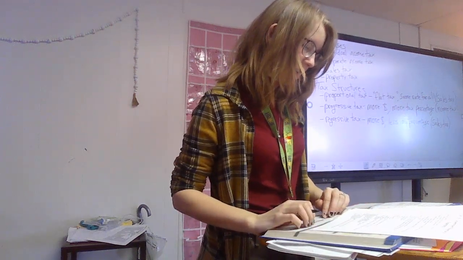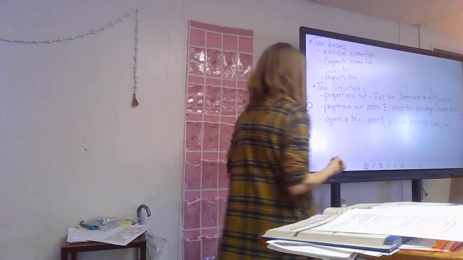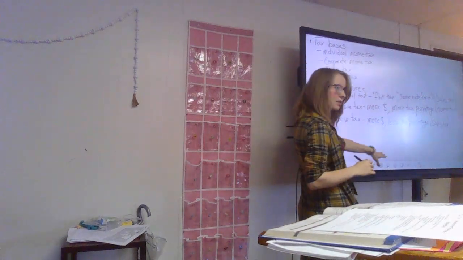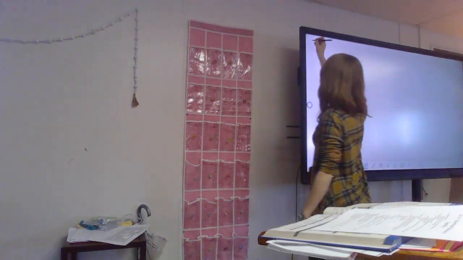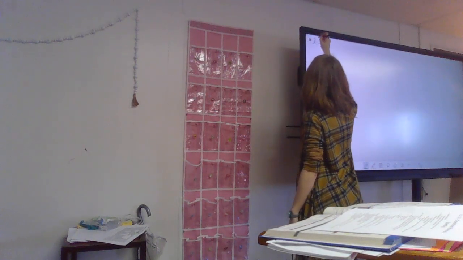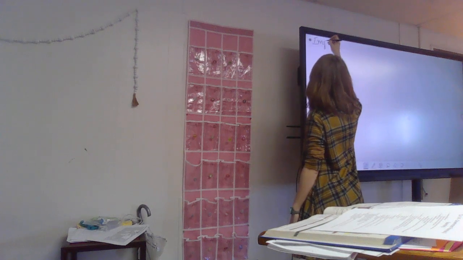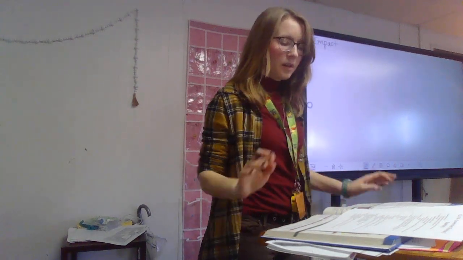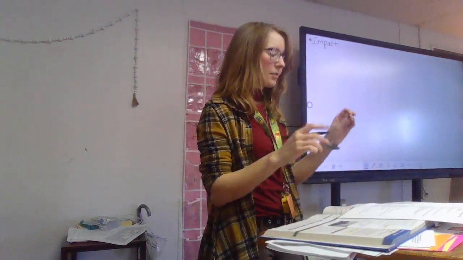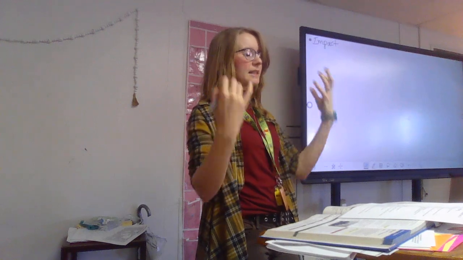So let's talk about the impact of taxes. Everybody got this? Cool. So there's a couple different ways that we'll talk about it. First of all, there's something that's called incidence of a tax.